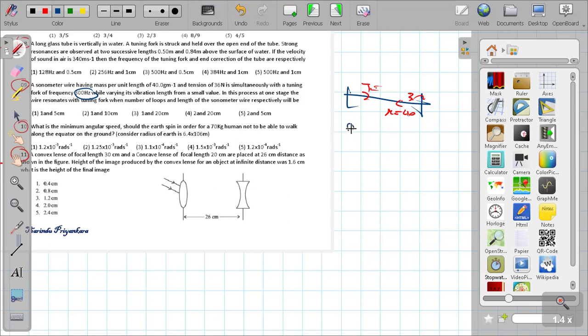We know that the frequency is 1 over 2L times root of T over mu. It is like 300 hertz should be equal to 36 divided by 40 into 10 to the power minus 3.